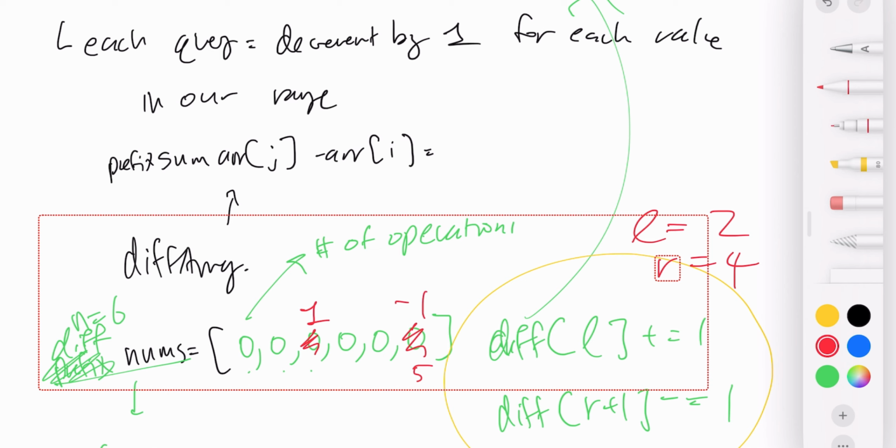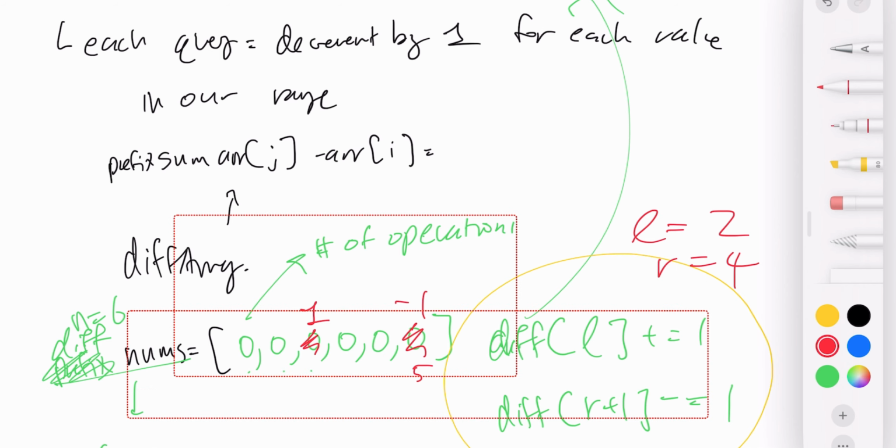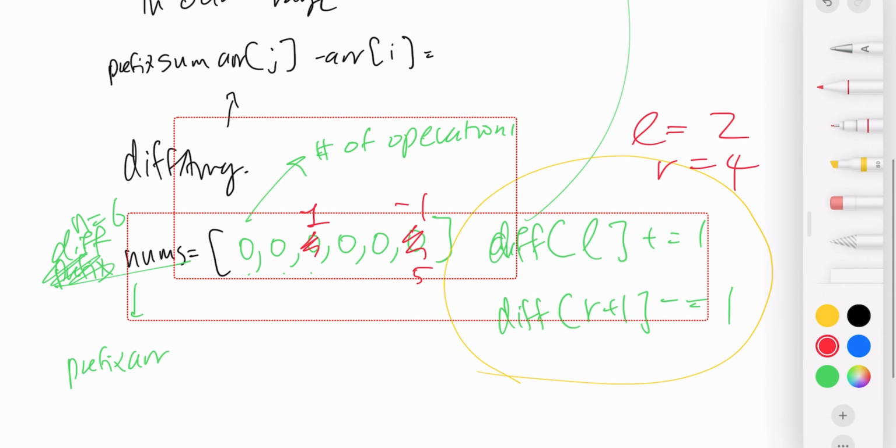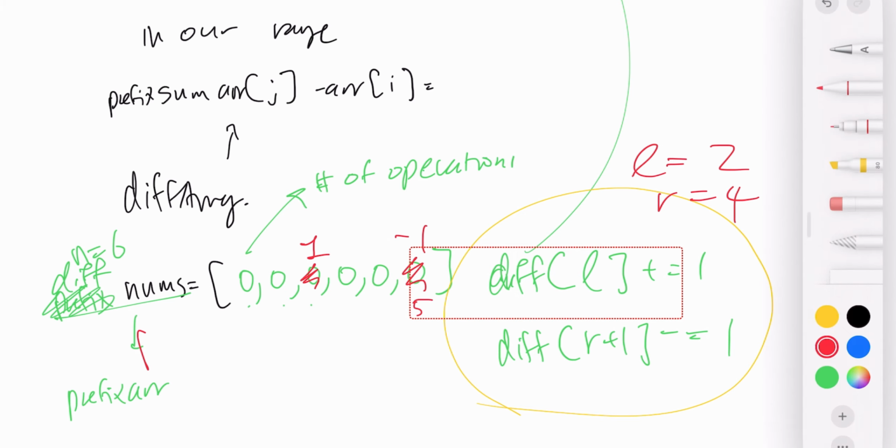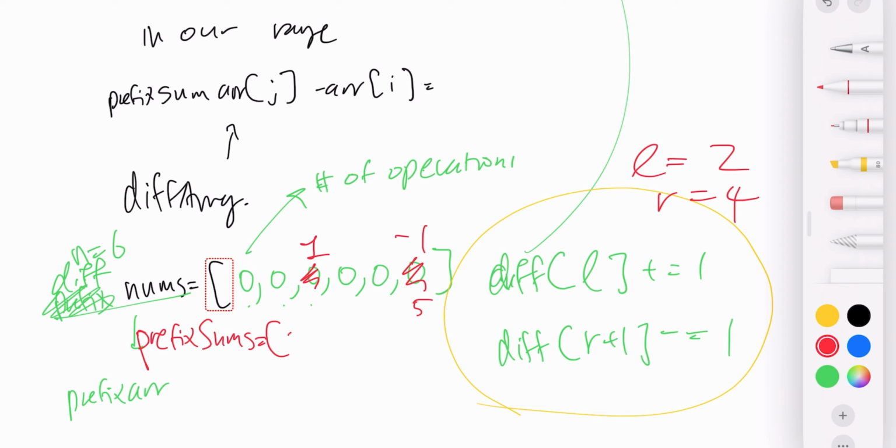And the reason for this is that if you take a look at the prefix sums later, this is going to turn into 0, 0, 1, 1, 1, 0.